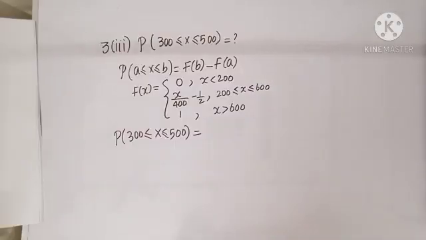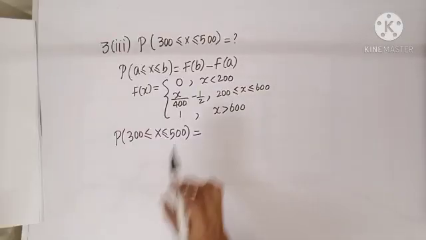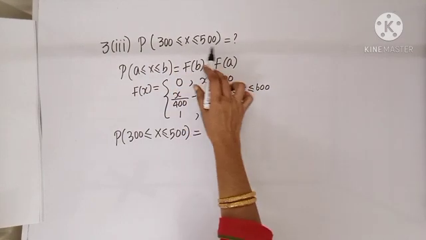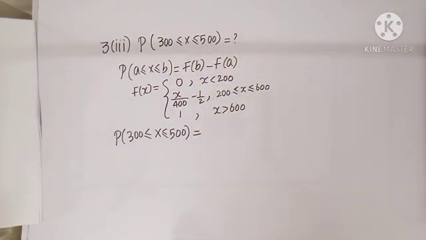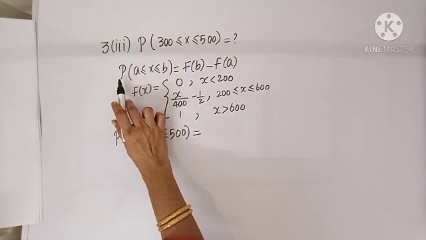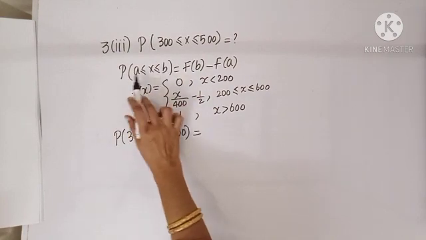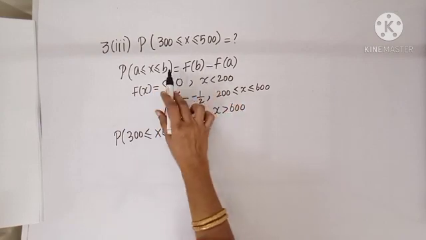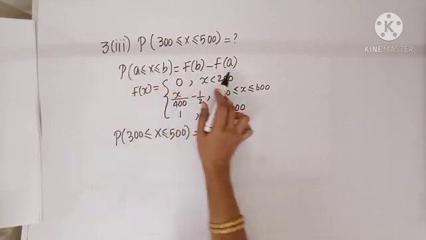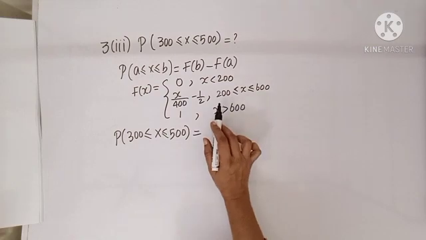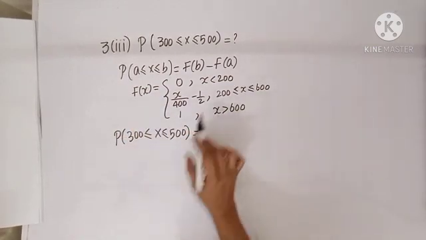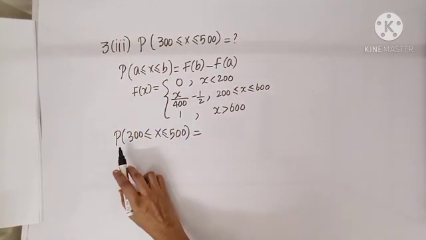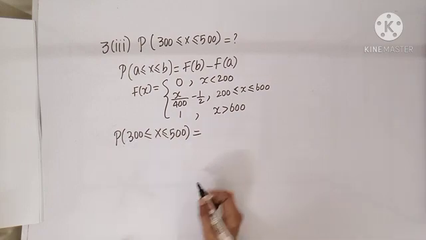Third subdivision: find P of 300 less than or equal to x less than or equal to 500. Remember the formula: P of x between a and b is capital F of upper limit minus capital F of lower limit. Let us recall F of x from the previous step. My question is between 300 and 500.